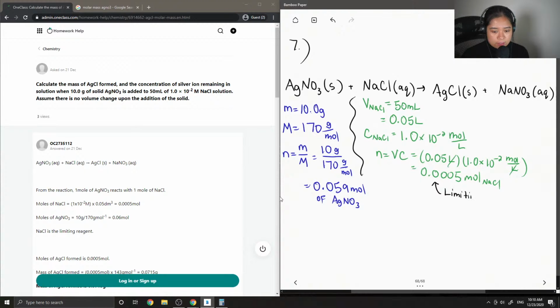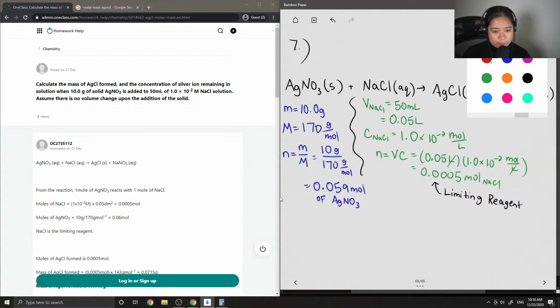So this means that the sodium chloride will run out first. And for our products, it would only form however many moles of limiting reagent there are, because it will just run out and we won't be able to form any more product.